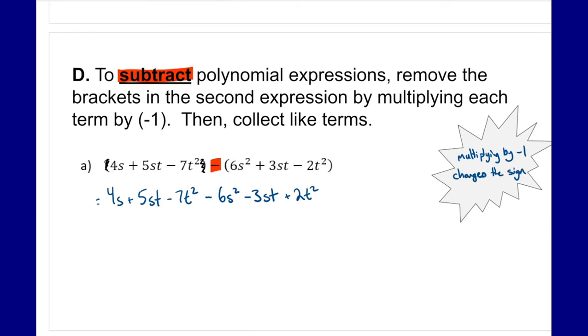If it was positive, it becomes negative, and if it's negative, it becomes positive. So that's all that's happening when you're multiplying by negative 1. A quick way, rather than going through those steps and multiplying, is to just change every sign to the opposite.